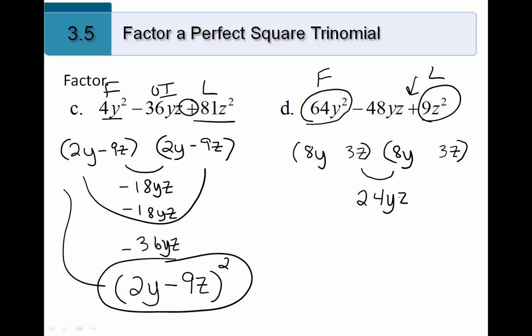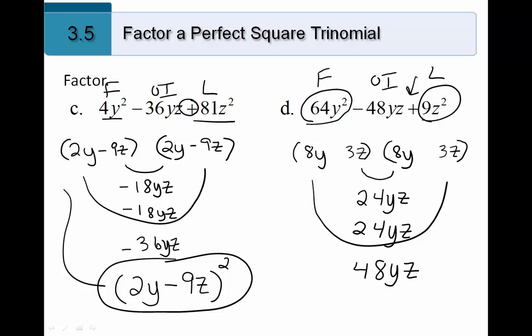These are working out nicely. Sometimes they don't. 8y times 3z is another 24yz. This adds up to 48yz. And looking up here, you can see I need a negative 48yz, so these will be negative. So I'll write my answer as 8y minus 3z raised to the second.